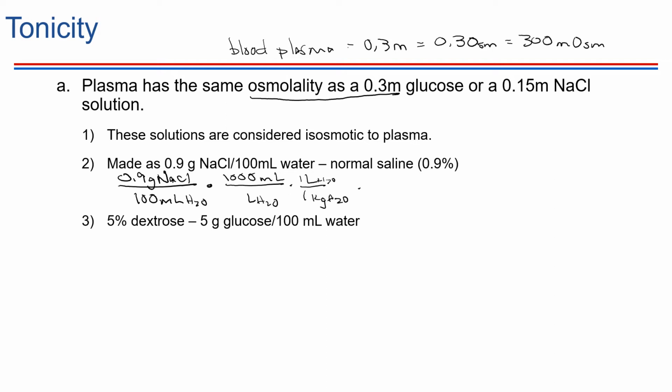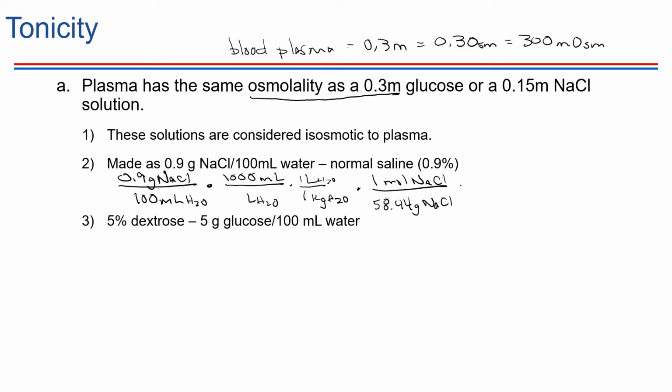Then we know there's 1 mole of sodium chloride per 58.44 grams. Since we want to cancel out the grams, I'll put the moles on top: 1 mole of sodium chloride per 58.44 grams of sodium chloride.